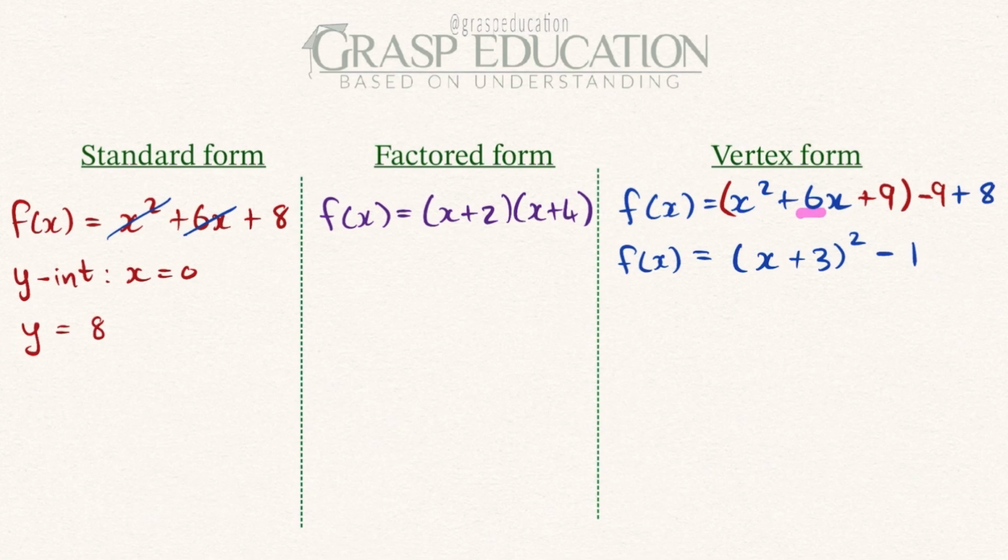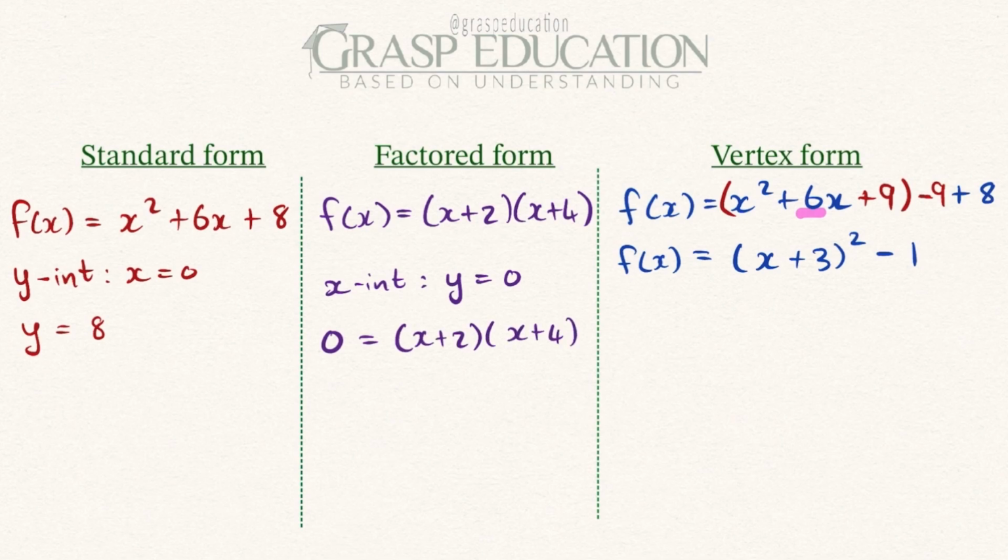So that's what we can get from the standard form. From the factored form, I can get my x-intercept. Since my x-intercept means that the y value is 0, I can solve this and get x plus 2, x plus 4, and that will all equal 0.